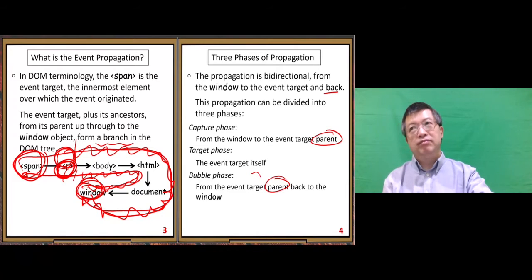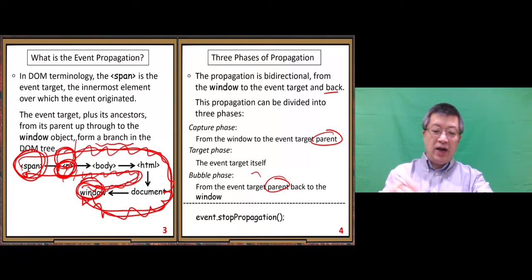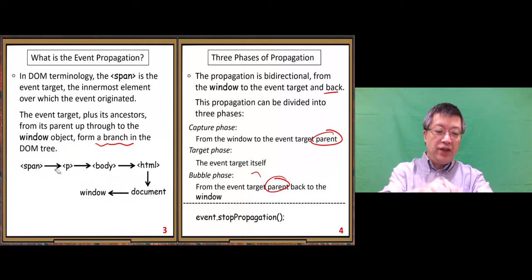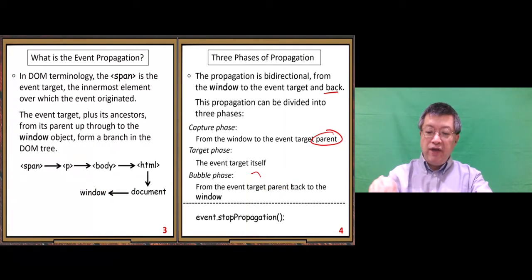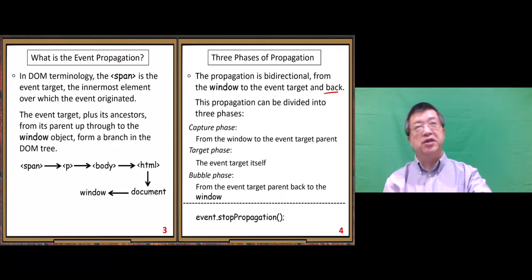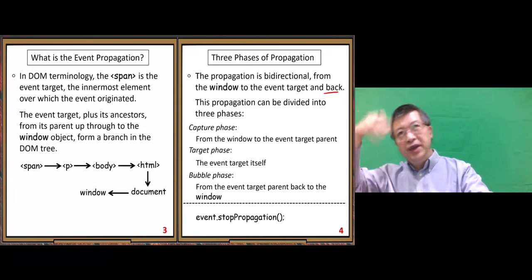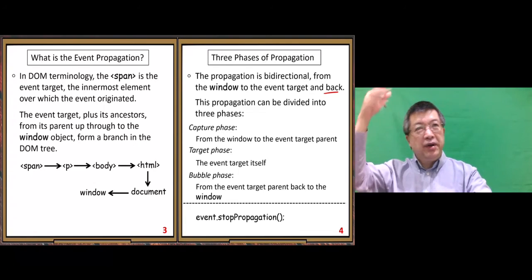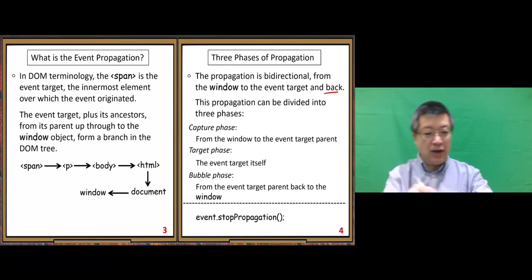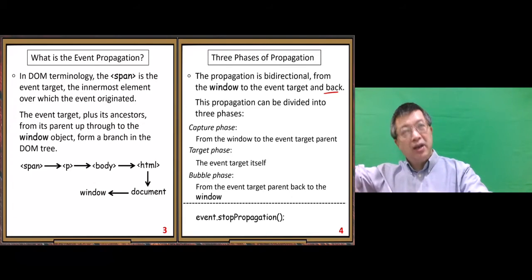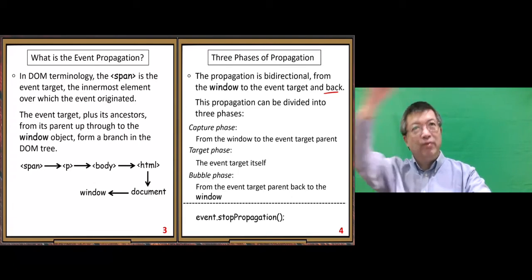Then in our programs, we can control different phases. So here in the code, you can see event.stopPropagation. Now you know. After certain processing, stop propagation, so do not keep doing the event handling along the remaining path of your propagation.